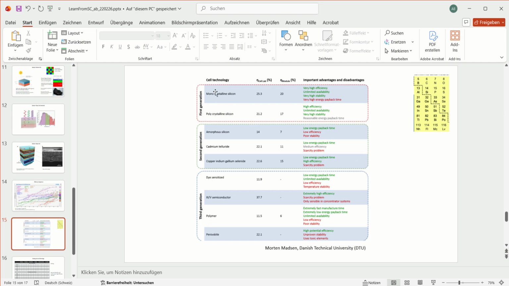And from the first to the second generation, you tend to use materials that are lower in the periodic system of elements, so in higher periods actually. But materials grow more scarce and are sometimes also toxic, like cadmium, for example. Also lead can be used for solar cells, and these are heavy metals.